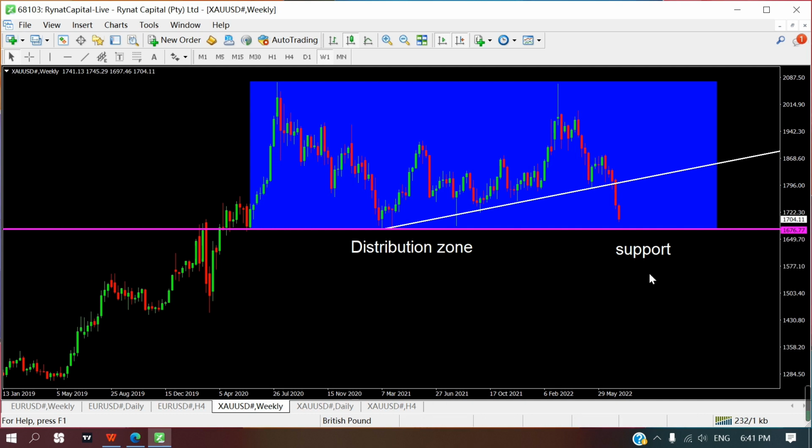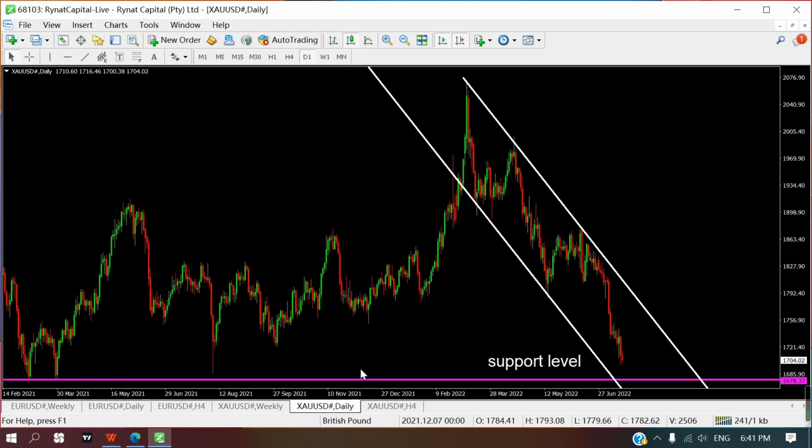Okay, so this is the weekly chart. We could say the price is still dropping. So if there's any opportunity, we could short trade it, or wait for the price to reach the support level to see if it can be supported, then we could trade it long, right? So we go to the daily chart.